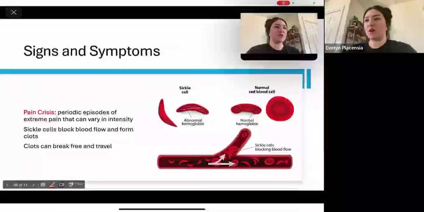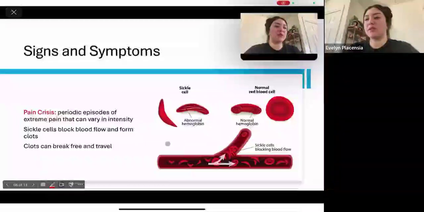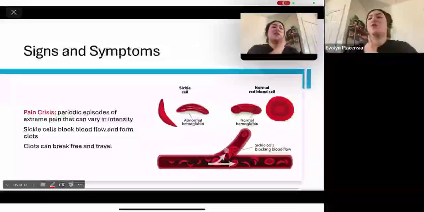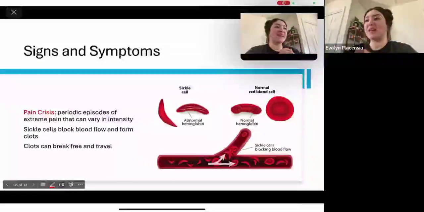Okay, so what's causing the pain? You can refer to the bottom portion of this image. You can see where the blood flow and which way it's happening in the artery. We can see sickle cells are clotting. If you can remember, I did say erythrocytes, normal ones at least, can bend.